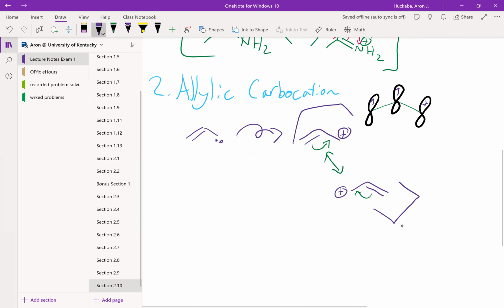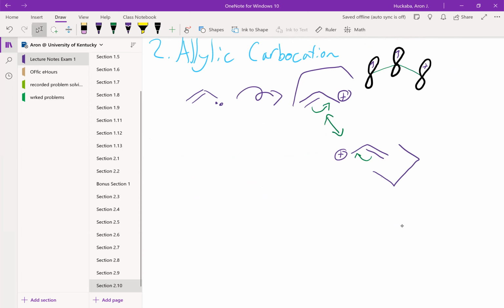Like for instance, if we look at conceptual checkpoint 2.19, it gives some examples here. Gives this example.